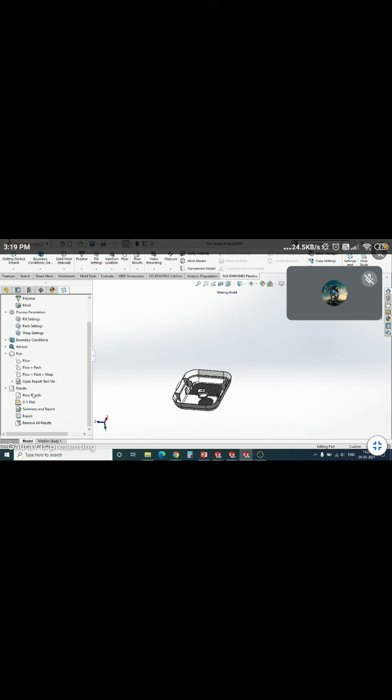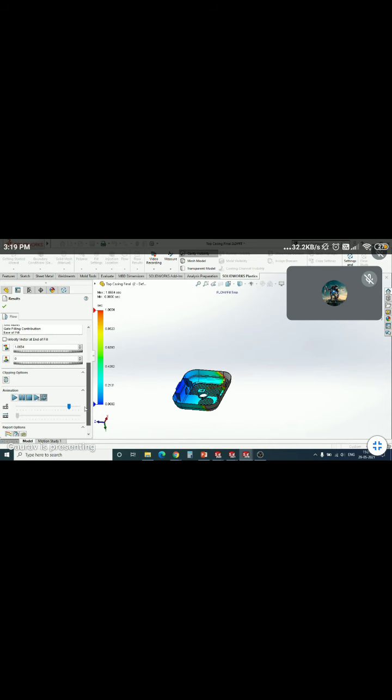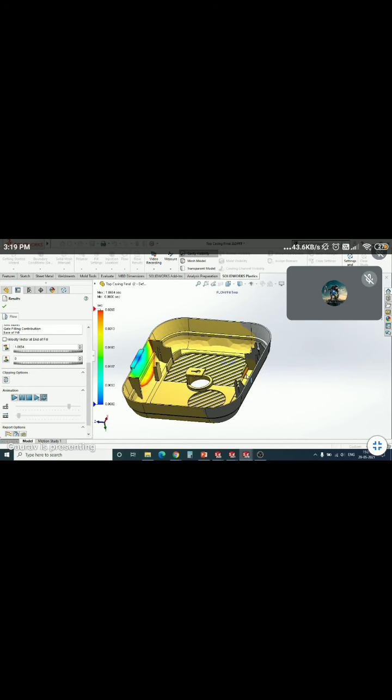And once you run it, you will have an idea whether the plastic would get filled in your cavity, whether there would be any shorts like over here. The plastic is not getting completely filled inside my cavity, correct?